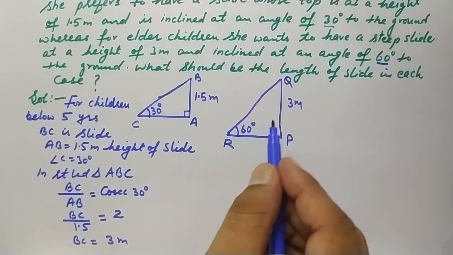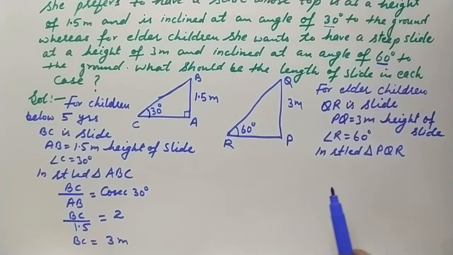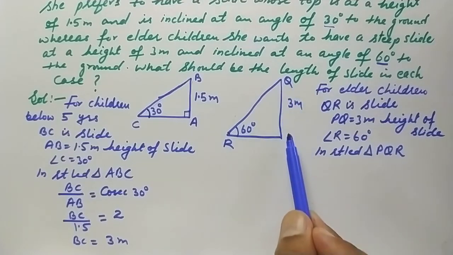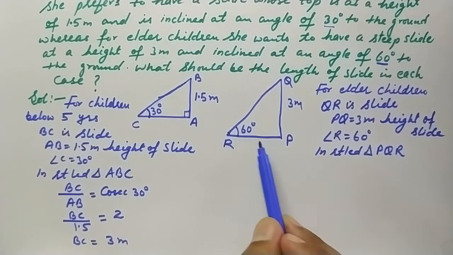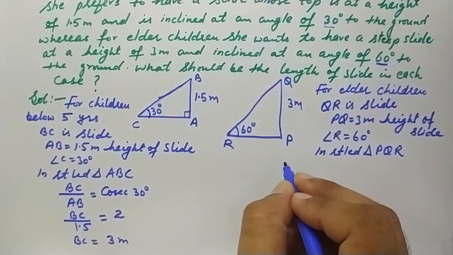So now let's find out the length of the slide in the other case. For elder children, QR is a slide here, PQ is the height of the slide, that is 3 meter, and angle R is 60 degrees, given. So in right angle triangle PQR, we need to find out RQ or QR.